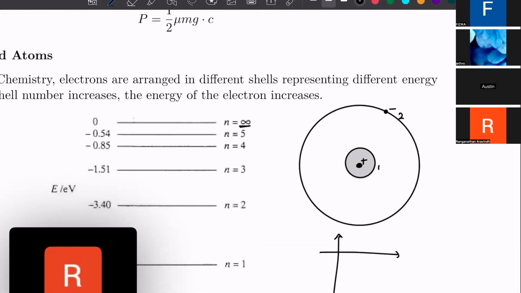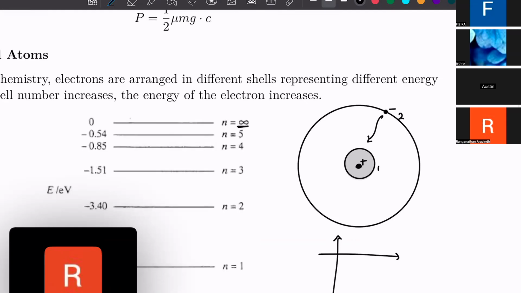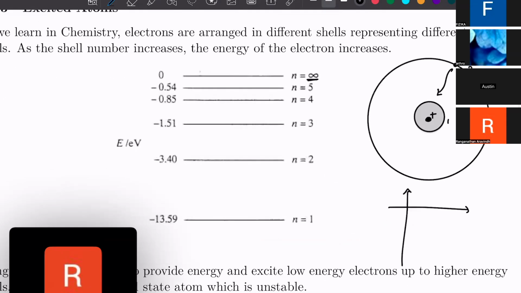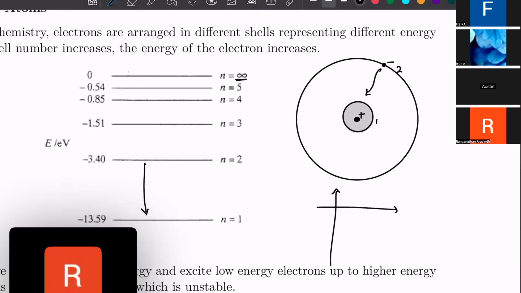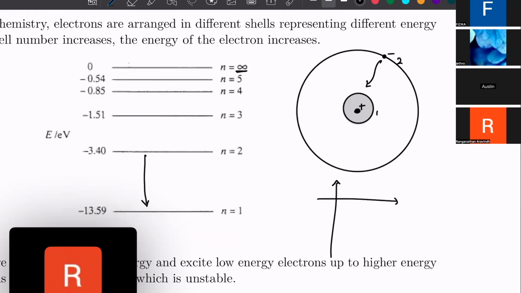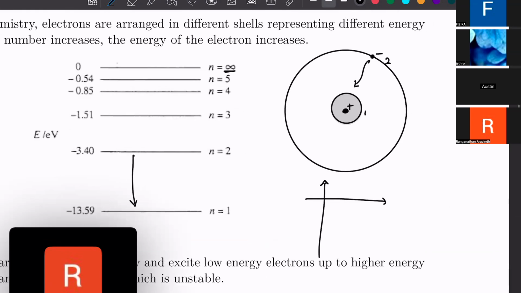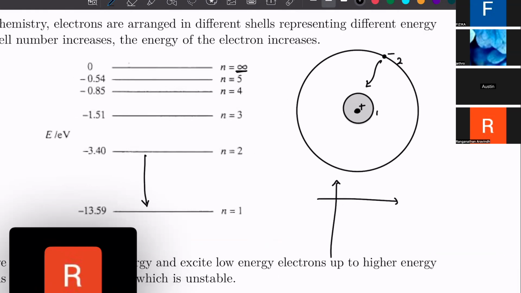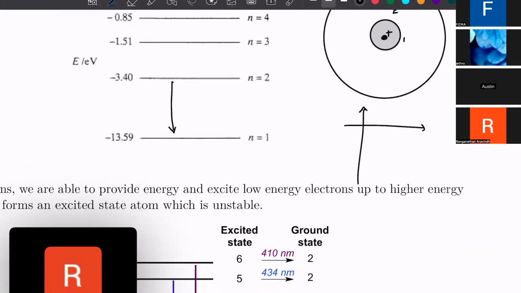This energy is released as a photon. Going from here to here, you realize that energy is released because now it's more negative. This photon is equal to the difference between these two energy levels.